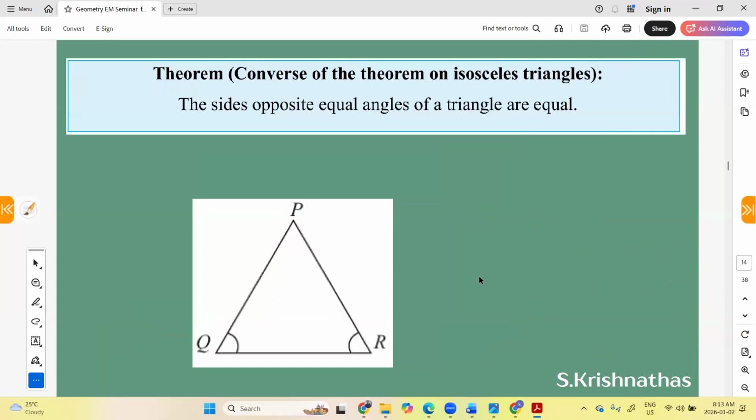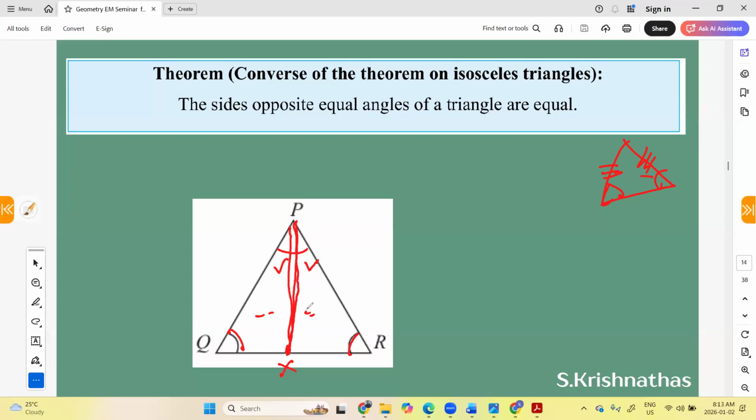Right. Okay. Next, the converse theorem. The sides opposite equal angles of a triangle are equal. If these two angles are equal, the opposite sides are also equal. The proof is the same, students. Draw the angular bisector of angle QPR meeting QR at X. Then this angle equals this angle, and this side equals this side.